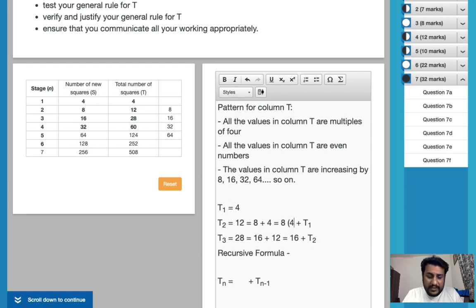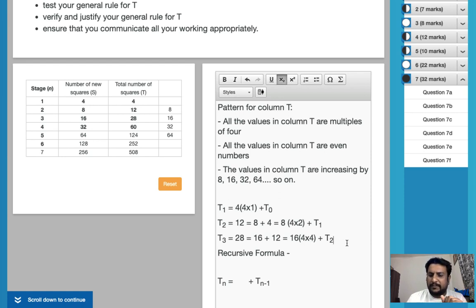This can be written as 4 into 2, this as 4 into 4, and this I can write as 4 into 1. Now you will say, sir, over here we can also write T0. Yes, T0 you can write, because at stage 0 the number of squares is 0. Now if you observe carefully, this is 4 into 1, 4 into 2, 4 into 4.